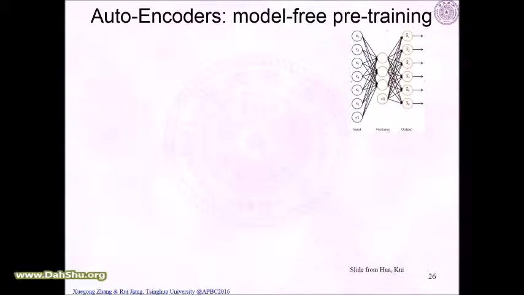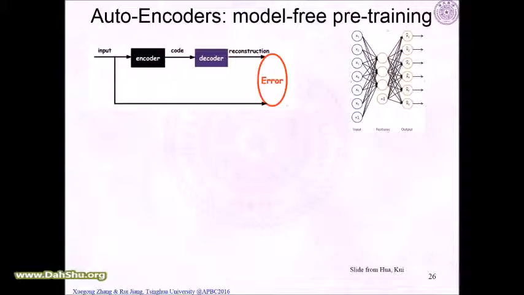We encode the original input into this lower dimension, and we can decode it to reproduce the result. We encode it, we get the code, and we decode it. The training is that we calculate the error at this output, and we use backpropagation to train this. After training, we remove the decoder, and we use the code as the representation of the original data.